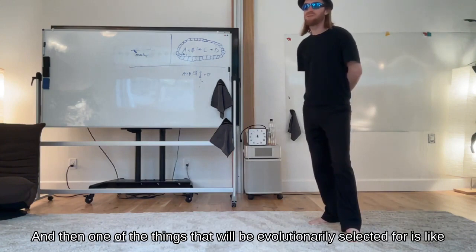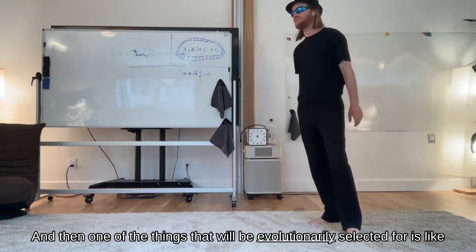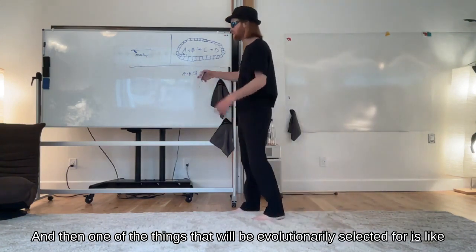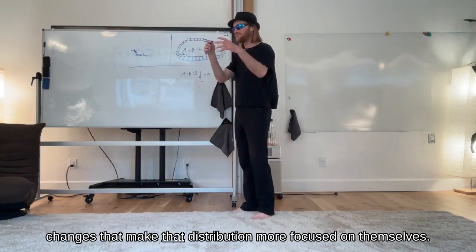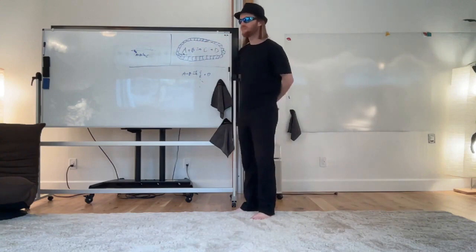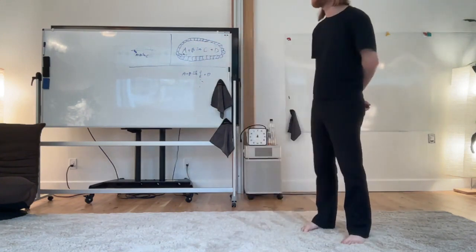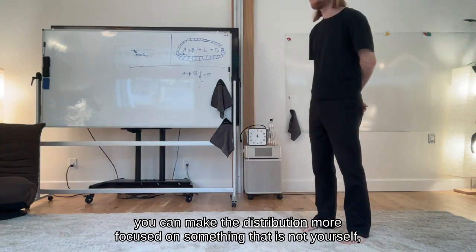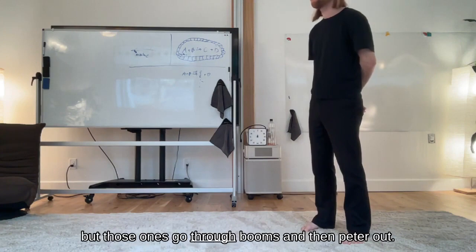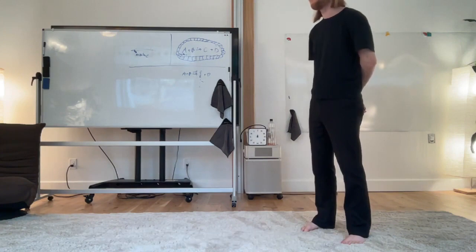Yes. And then one of the things that will be evolutionarily selected for is changes that make that distribution more focused on themselves. Yeah. Right. There are a lot of examples where you can make the distribution more focused on something that is not yourself, but those go through booms and then peter out. Yeah.